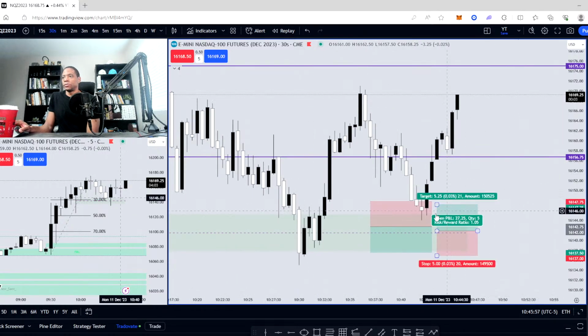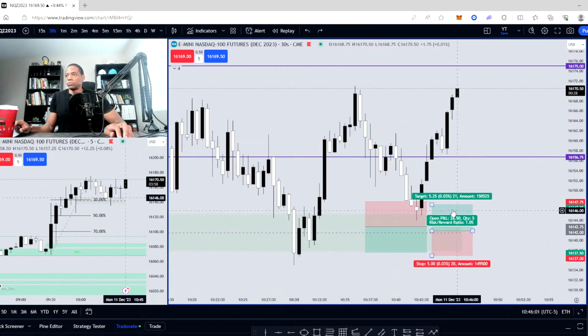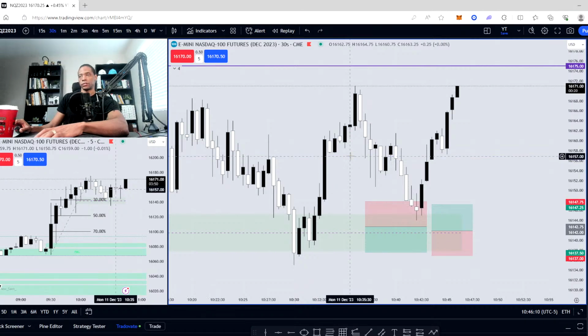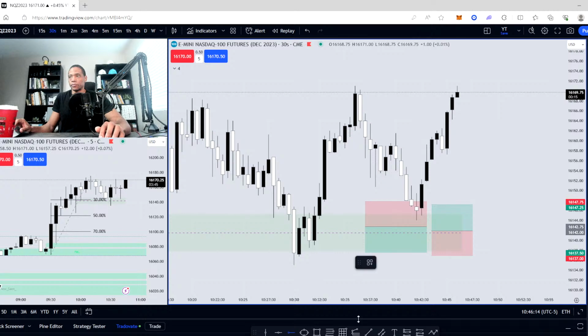Okay, so we're still bullish. In that case, what we're looking for is we have a high that was made here, which made us bullish. Then we needed a low to be swept, remember? That next step was satisfied right here. We have a low, a lower low, and then a higher low.